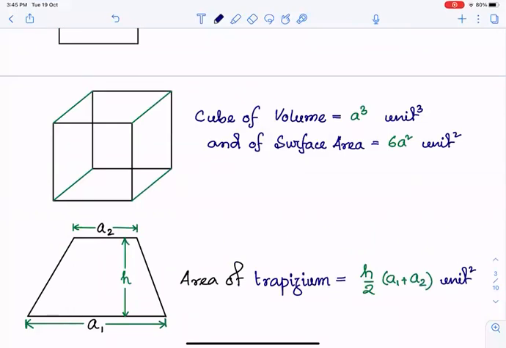Basically, if we draw a diagonal for this trapezium, it will be split into two triangles, each of height h, whereas their bases can be considered of length A1 and A2 units respectively, right? So that gives us the area of the trapezium, half into h into A1 plus A2 unit square.